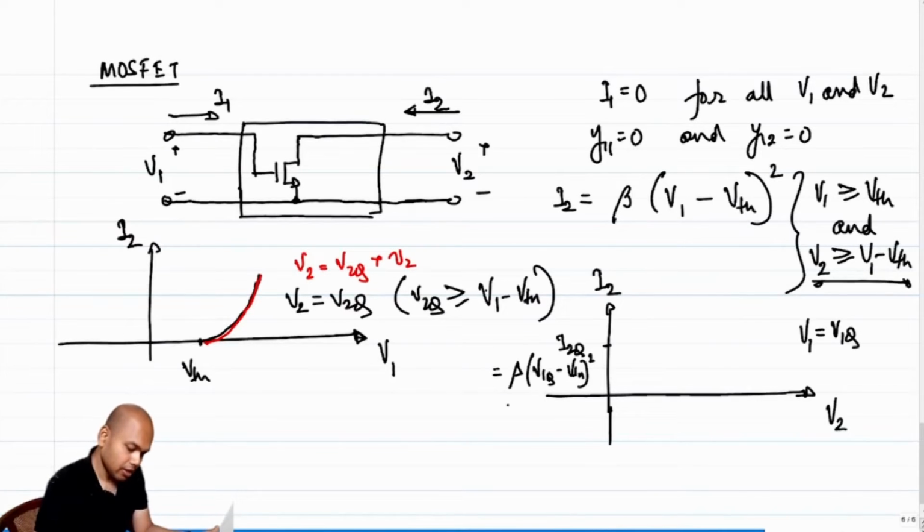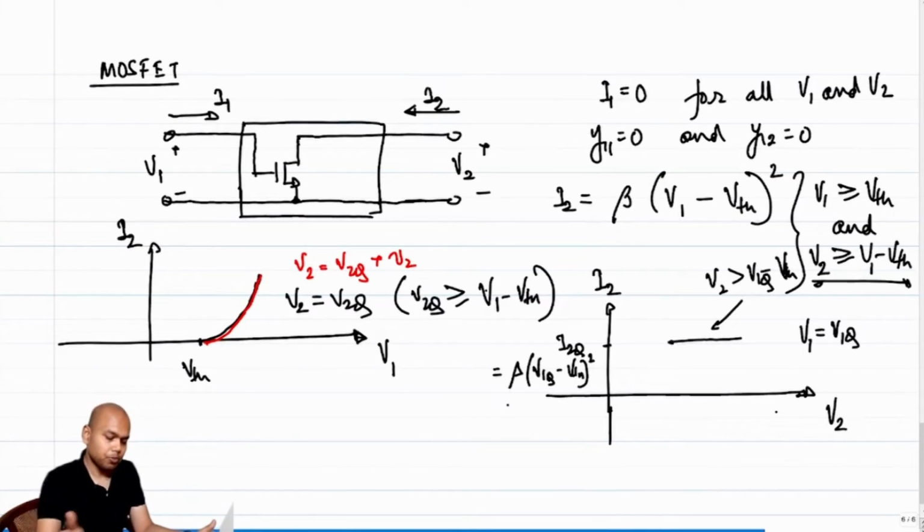This value will be constant as long as V2 is greater than V1Q minus the threshold voltage.